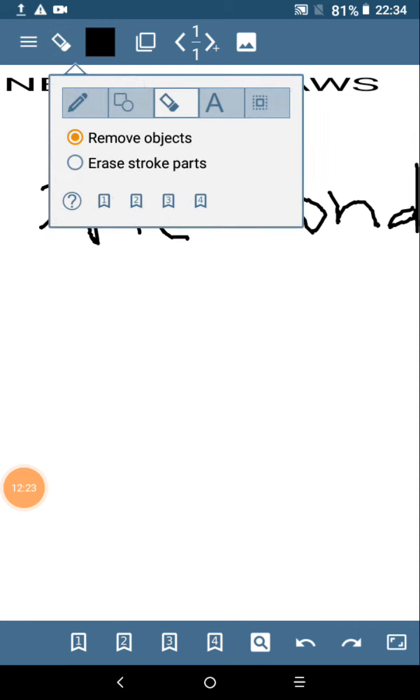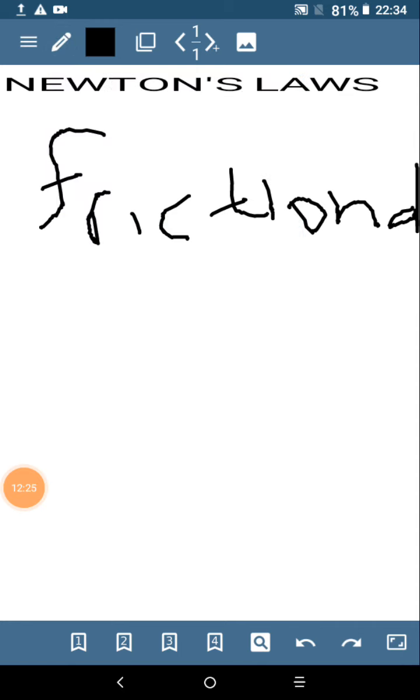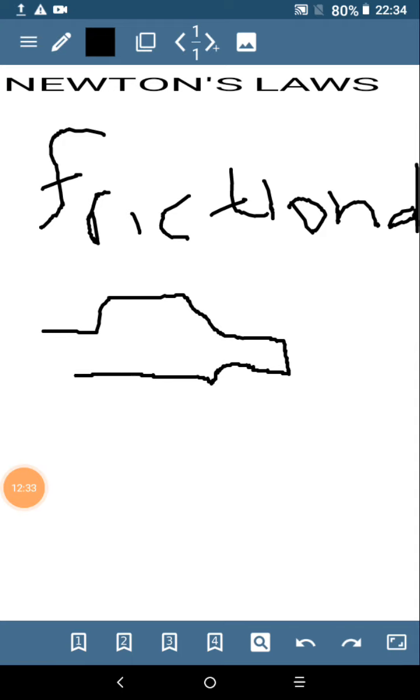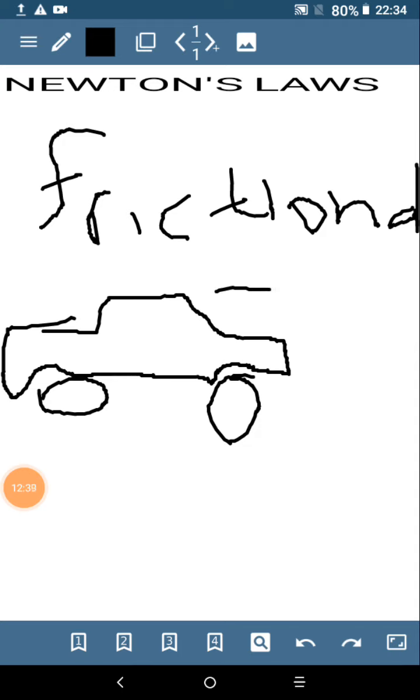So if you are having, say, a car moving in that direction, you'll notice that the wheels of the car do not stay the same all the time.